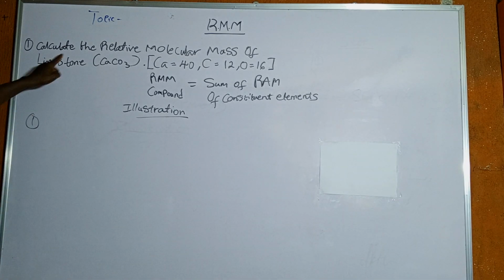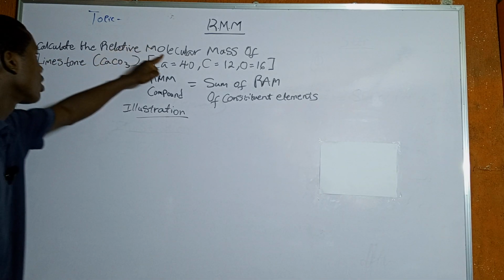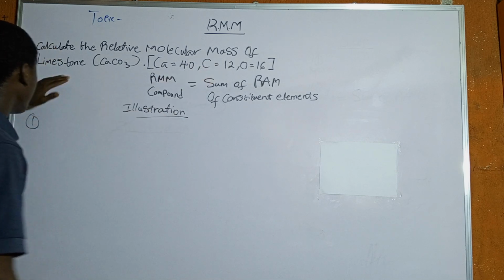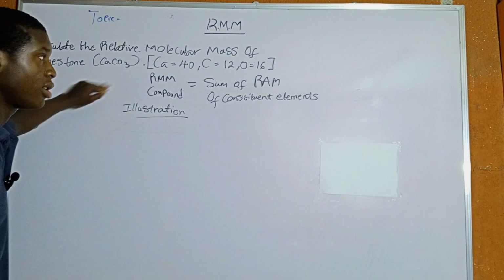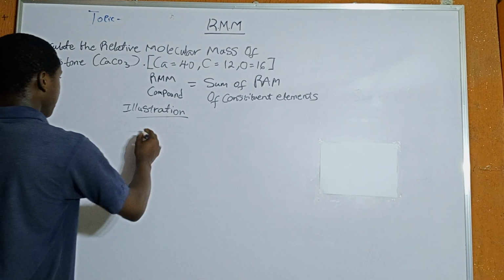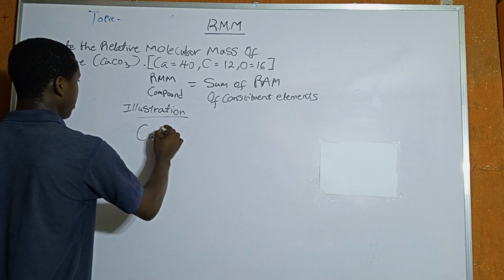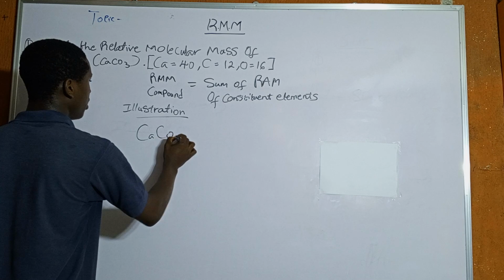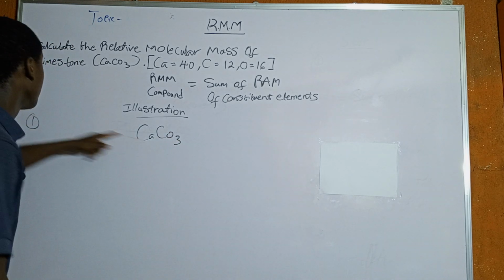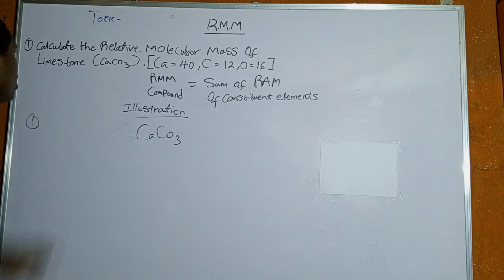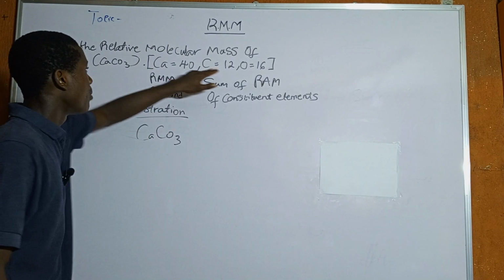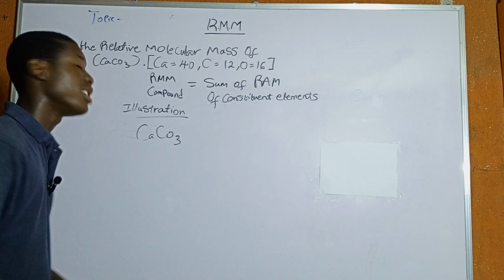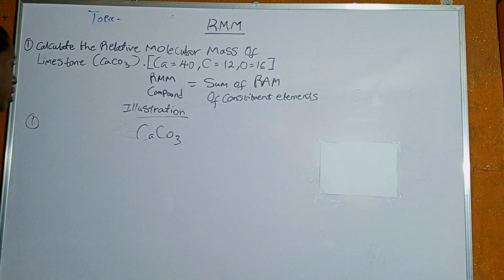So we're solving question 1, but it's the only question. It says calculate the relative molecular mass of limestone, CaCO3. CaCO3 is the chemical representation of limestone. And here we are given the relative atomic mass of each of the constituent elements.